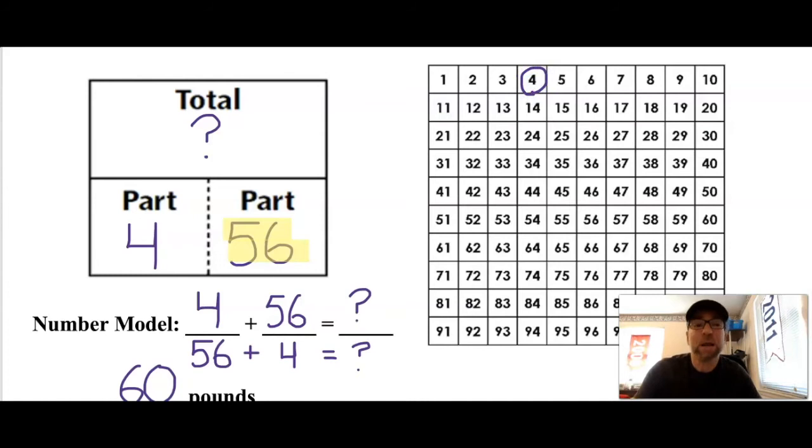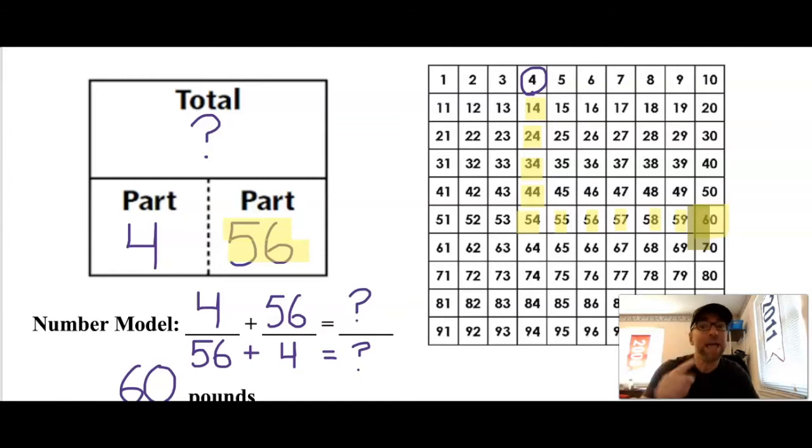Well, if I know my little trick, I can count by tens by going down that elevator. 10, 20, 30, 40, 50. And now I can go across by counting by ones. 51, 52, 53, 54, 55, 56. I landed on 60, the same exact number. But look how much more work I had to do.